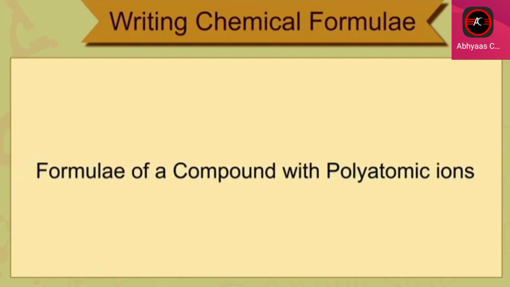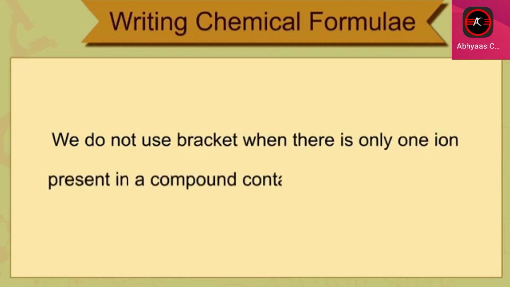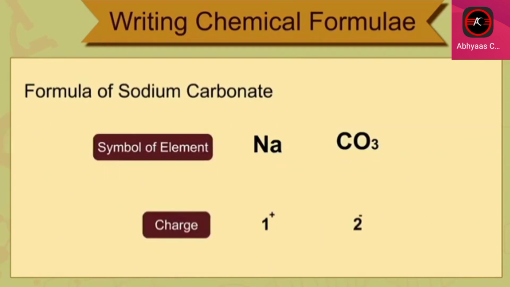Let us now look at some examples of writing the formulae of a compound with polyatomic ions. We do not use a bracket when there is only one ion present in a compound containing polyatomic ions. For example, in one molecule of sodium carbonate, there are two sodium ions, Na+, each having one atom, and only one polyatomic carbonate ion, CO3 2-.